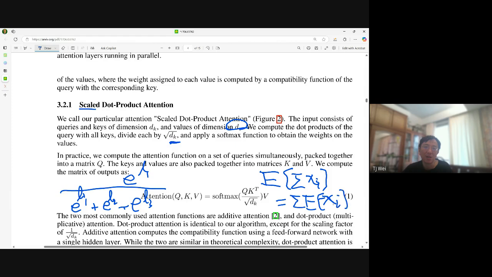So suppose each element has the same distribution, and assume they are independent. It is going to be rather large. Consider this guy.